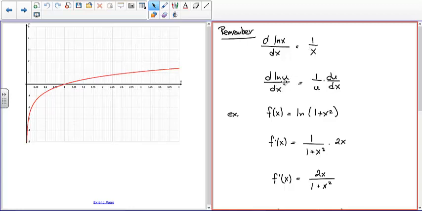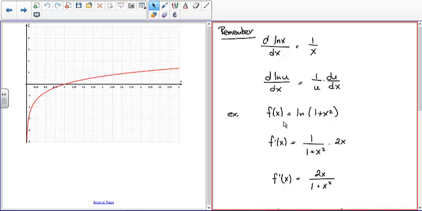Now, if the argument of the natural log function is something u, what you do is use the chain rule. So you take 1 over u, which is the derivative of the natural log of u, and you multiply by the derivative of the argument with respect to x.